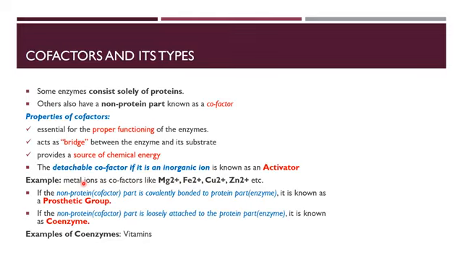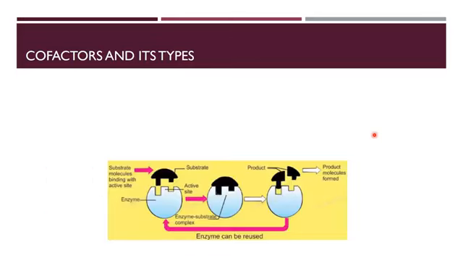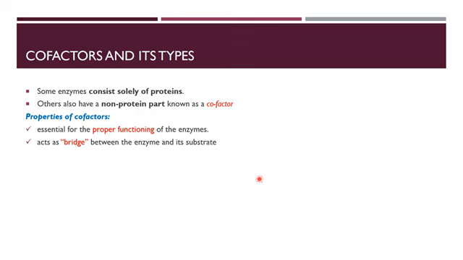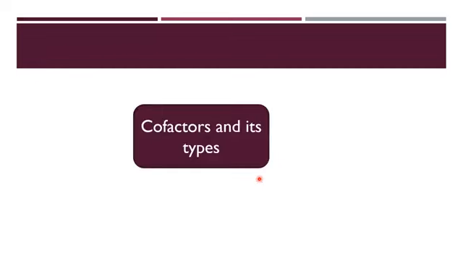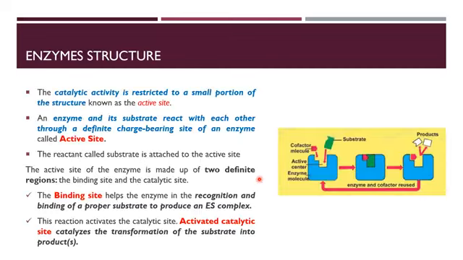So a cofactor is required for the proper functioning of an enzyme. It acts as a bridge between the enzyme and substrate. It's a source of chemical energy. These properties are very important related to cofactors. You can see here in the previous diagram, the cofactor that has been mentioned. This one is the cofactor molecule.